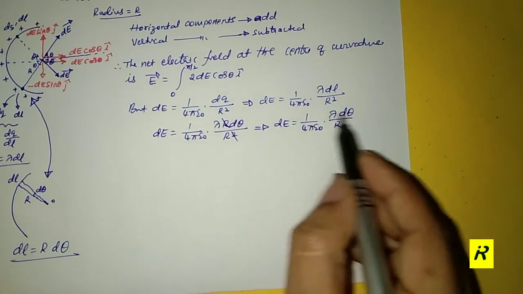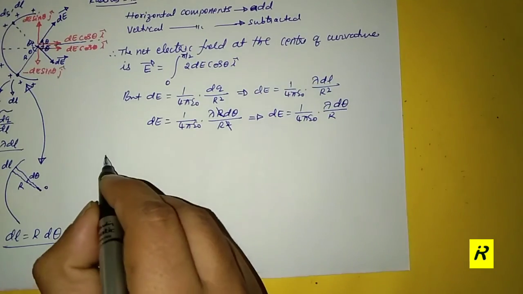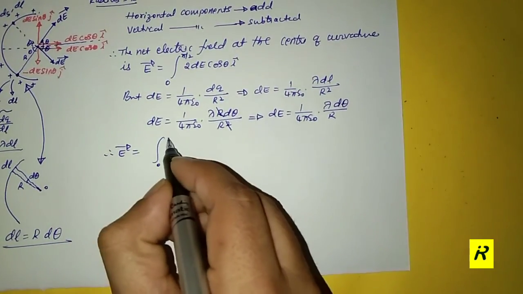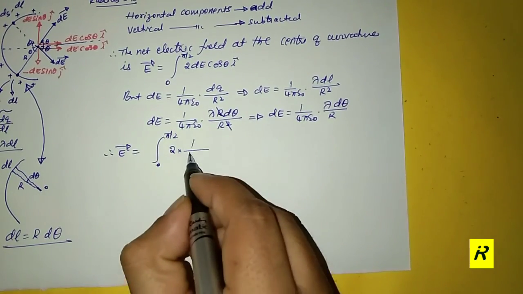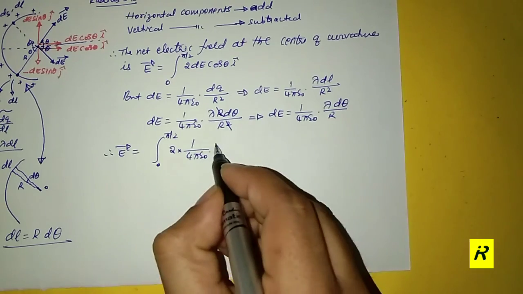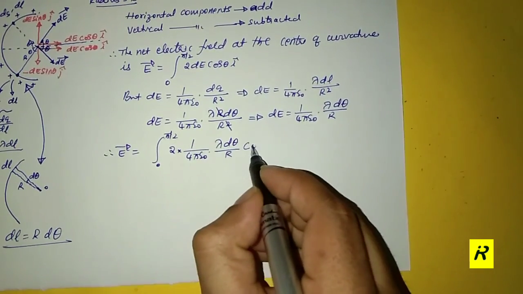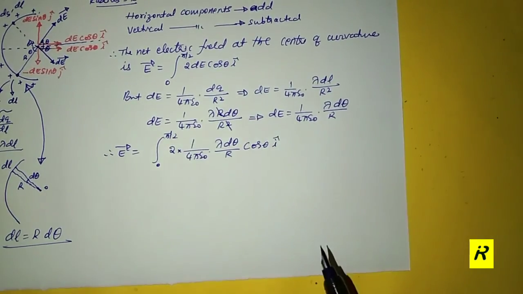Now I am replacing these things here for dE. Therefore, E vector equals the integration from 0 to pi by 2. What is dE? It is 1 by 4 pi epsilon O lambda d theta divided by r, cos theta into i cap, which are already present here.